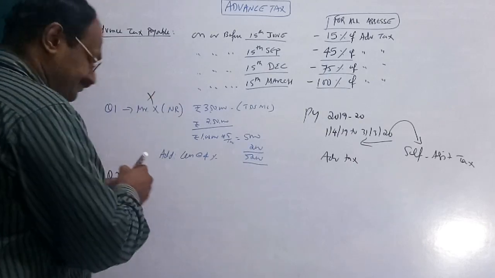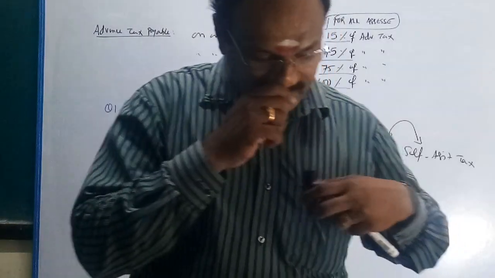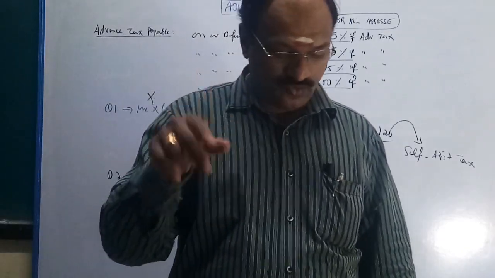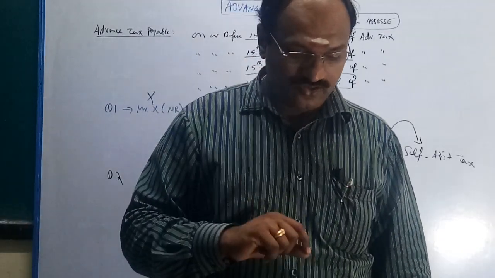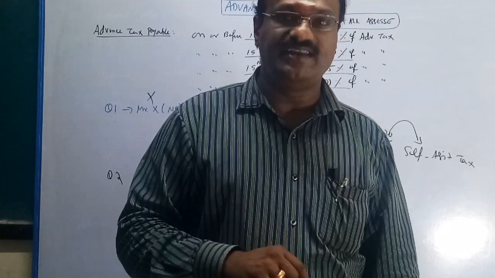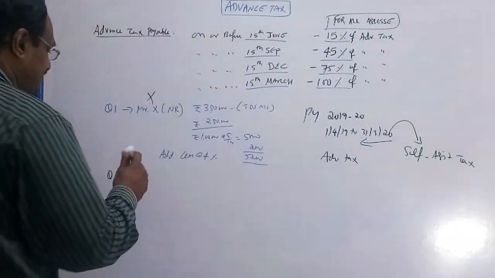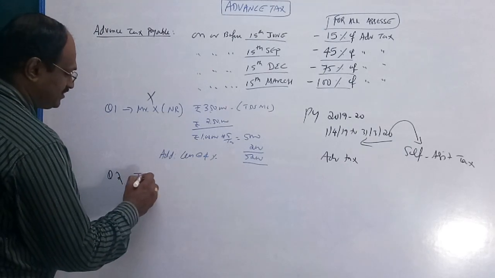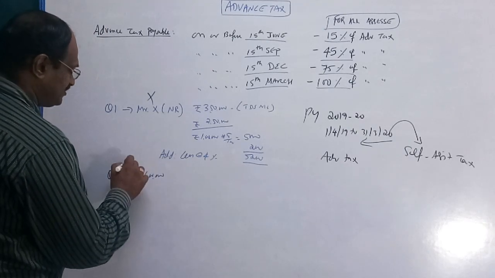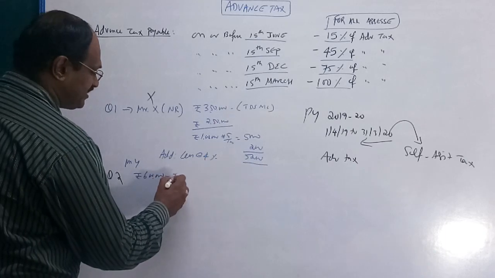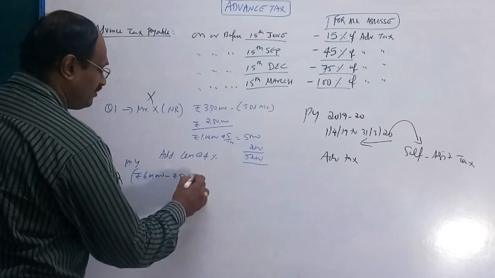Then question number 2. Where the total income of Mr. Y, a resident, is rupees 6 lakhs, TDS 23,800. Listen, 6 lakhs income. So 6 lakhs minus 5 lakhs, 1 lakh.